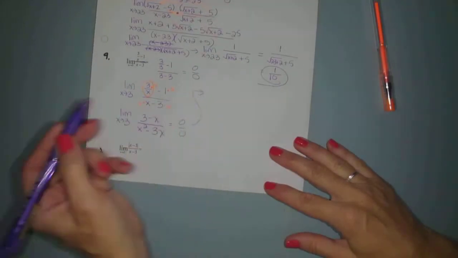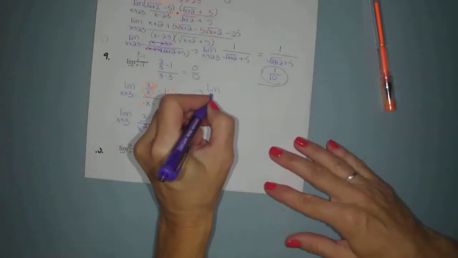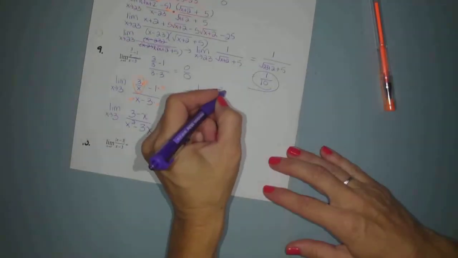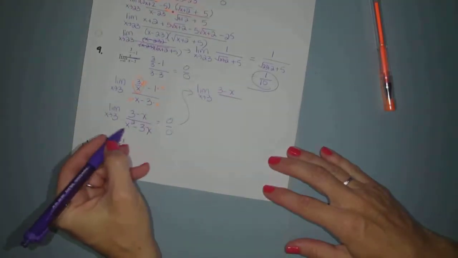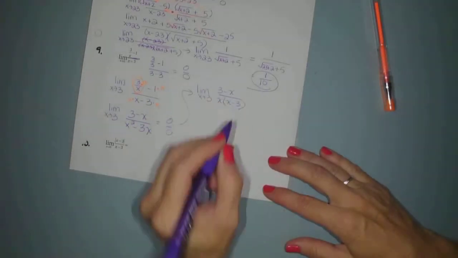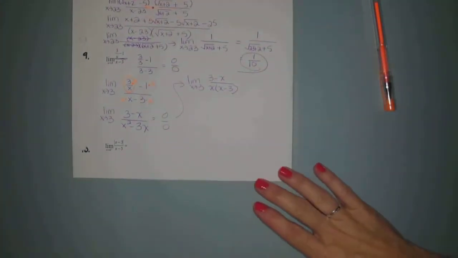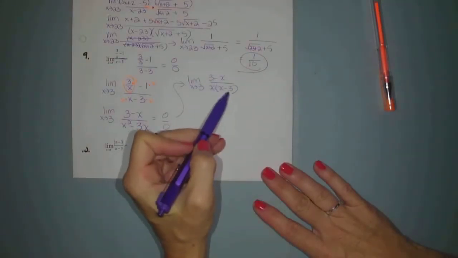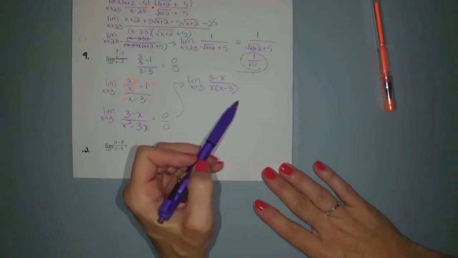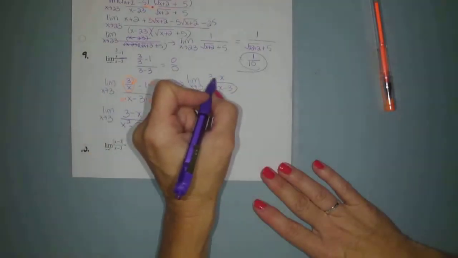So I'm going to come up here, limit as x approaches 3. Can't do anything with the top, 3 minus x, but the bottom I could factor an x out, and I'd be left with x minus 3. And it looks like these two want to cancel out. The problem is subtraction is not commutative, so I can't just strike these out. But what I can do is think of the numerator.